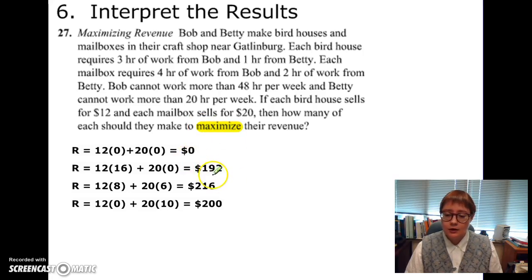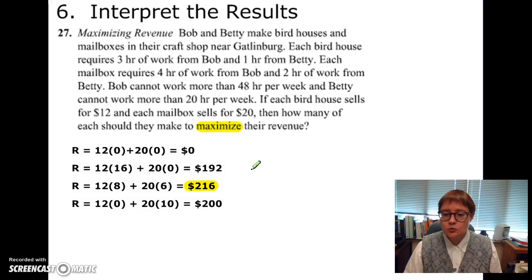So of 0, 192, 216, and 200, 216 is the largest. That means the most amount of money that Bob and Betty can make is $216, given their constraints on how much work they can do, which limits the number of birdhouses and mailboxes that they can construct.